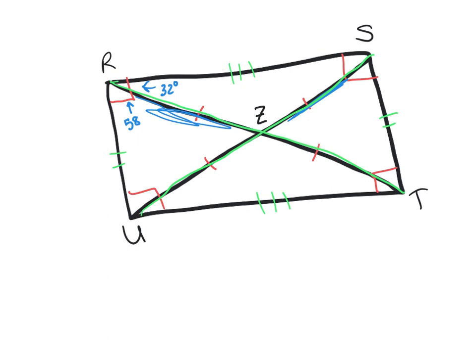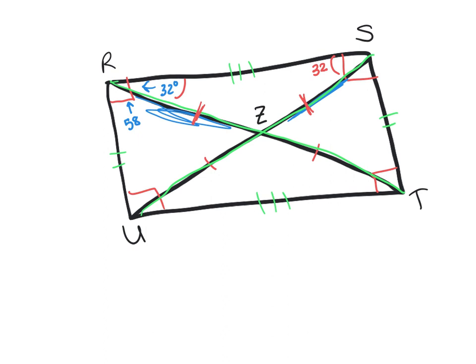All right? I want you to pay attention to the four triangles that are formed by this rectangle. Since these two sides here are equal, look at the top triangle, you see it? That means that these two angles are equal because it's an isosceles triangle. When an isosceles triangle has two equal sides, the two opposite angles are equal. So if that's 32, this would be 32.